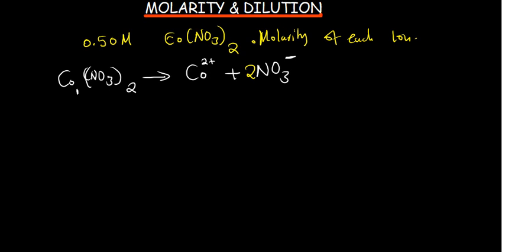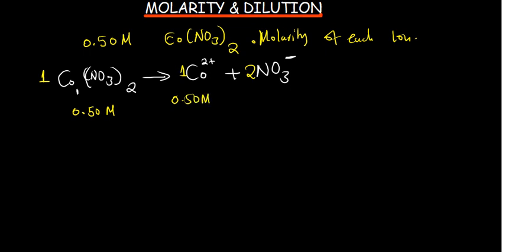Now, the concentration of cobalt nitrate has been given as 0.50 molar. There is a 1 in front here, and there is also a 1 in front here. If the concentration of this one is 0.5, even the concentration of this one is going to be 0.5. Why? Because they've got the same number of moles. So this will also be 0.50 molar.